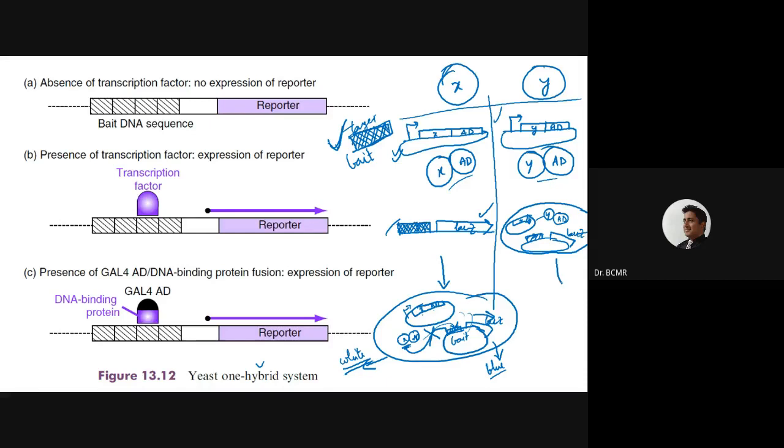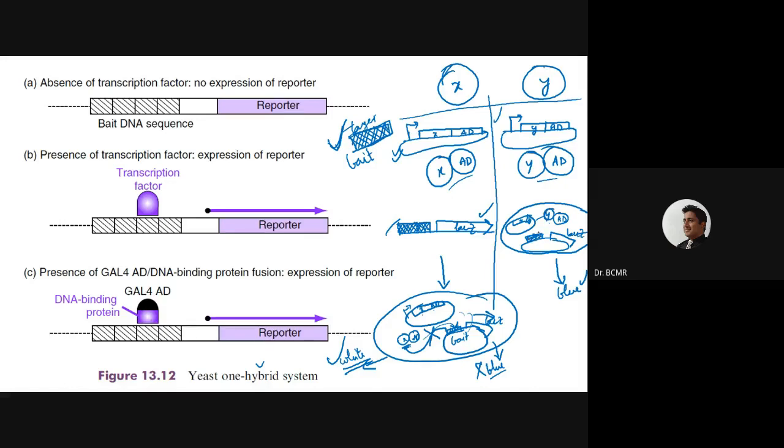If a cell grown on plates containing X-gal gives blue color, what does that mean? That means this hybrid protein Y and AD is able to interact. There is only one DNA binding with this, with the target, with the bait sequence.